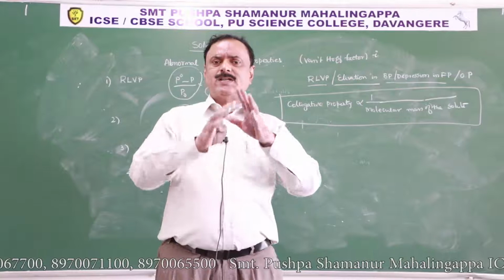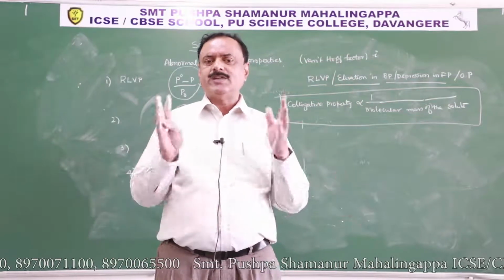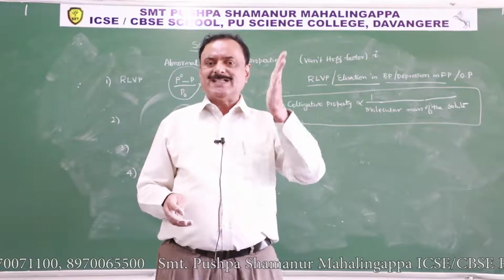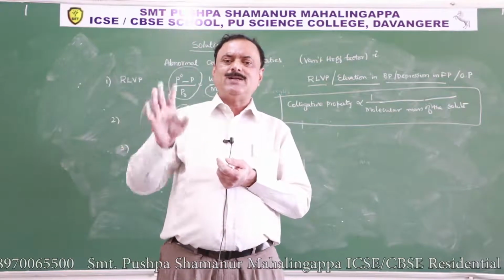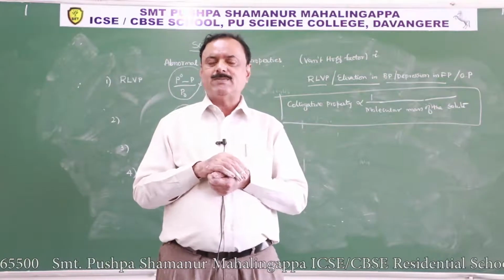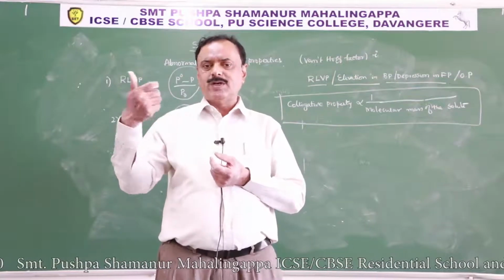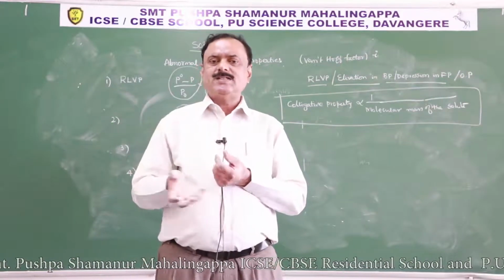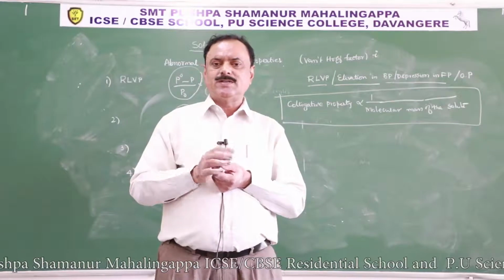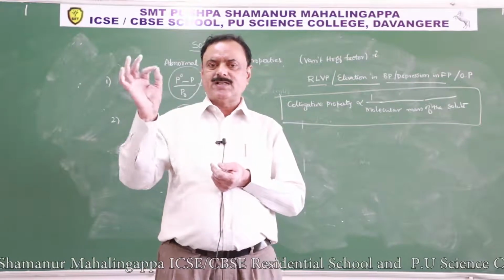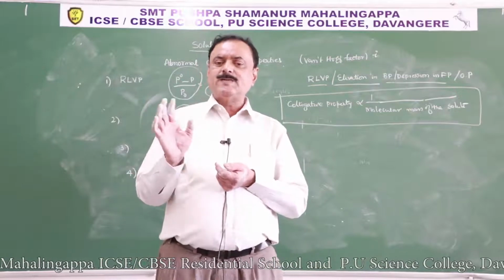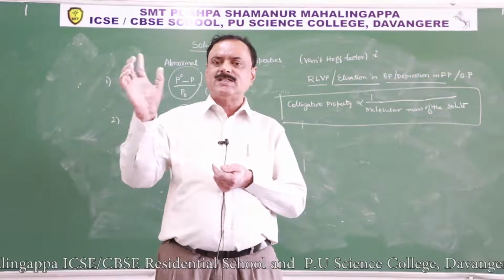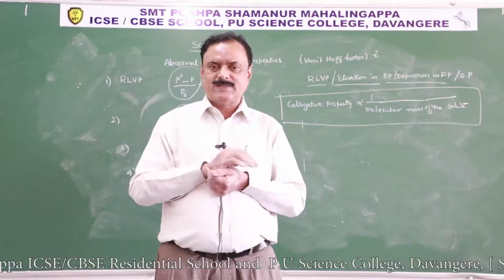Therefore, the compounds are classified into three classes: undissociated molecules; ionizable molecules, which give more number of ions; and association of molecules. Association of molecules occurs in case of acetic acid and benzoic acid.